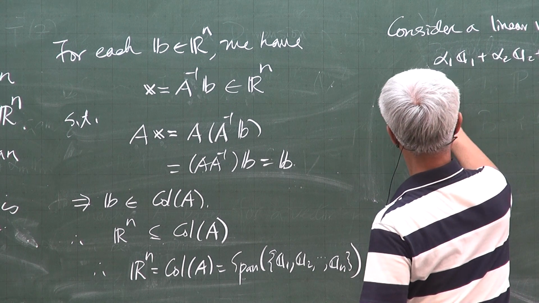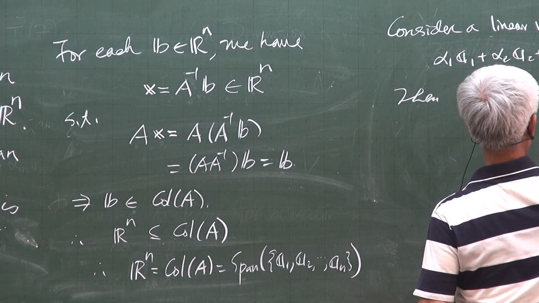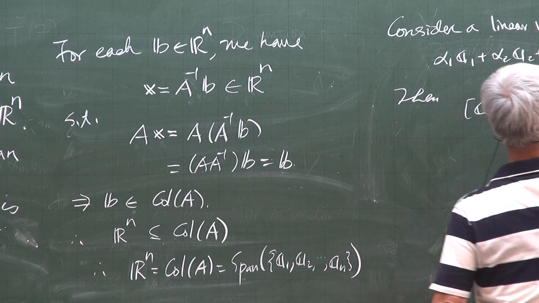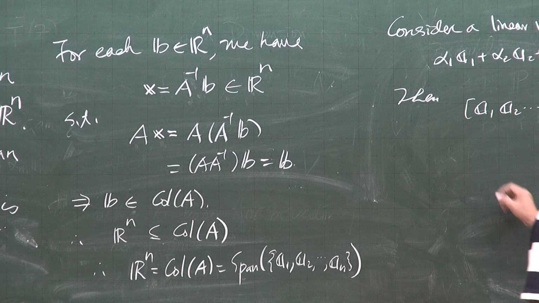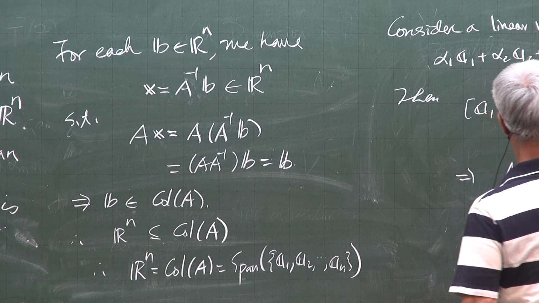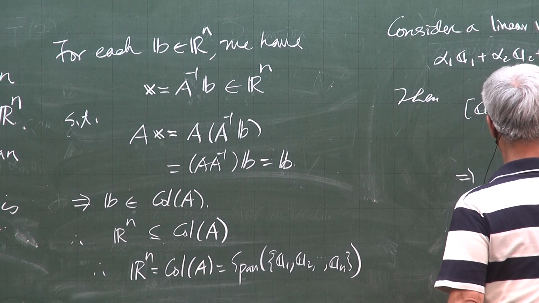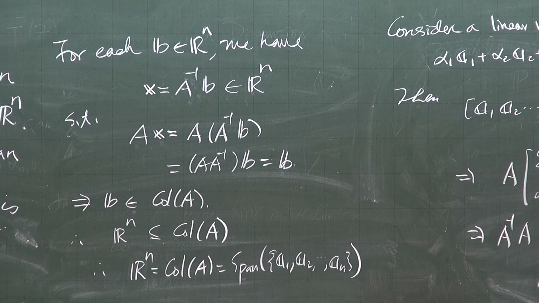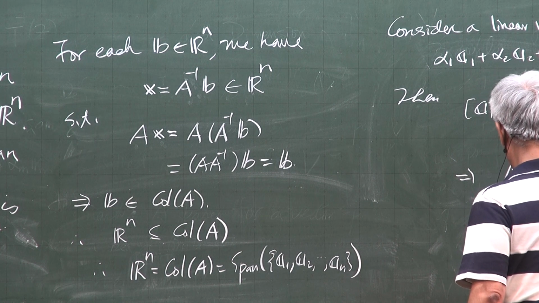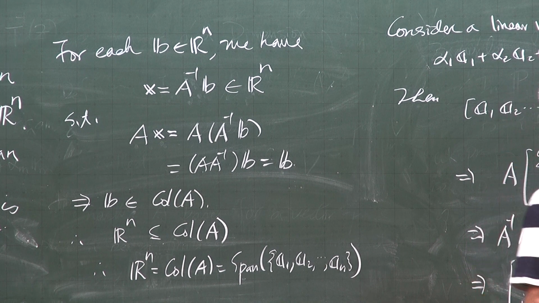Then we have this equation, and by multiplying by the inverse of A, we have that the coefficient vector alpha is equal to 0. That makes alpha 1 equal to alpha 2 and so on, all zero.